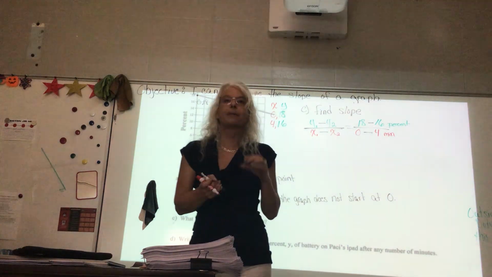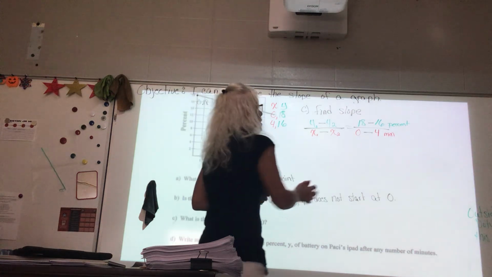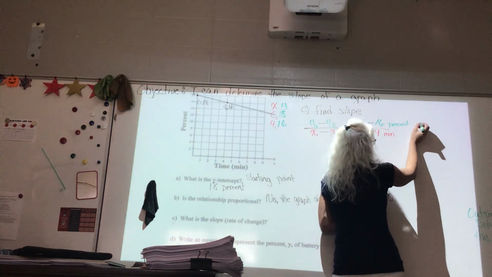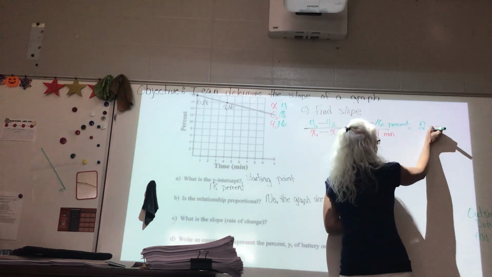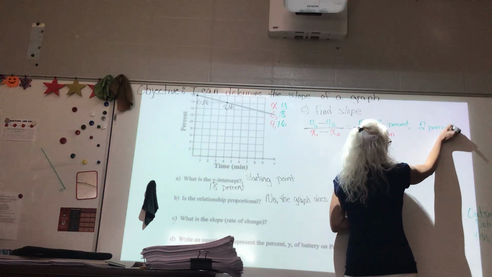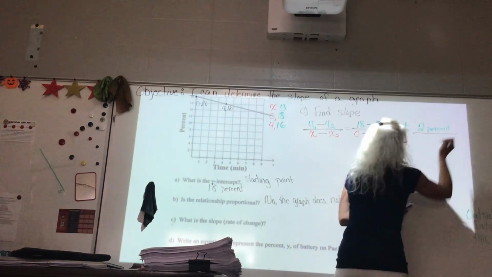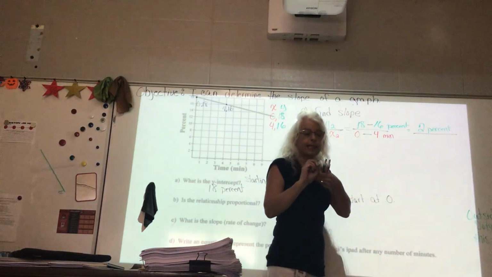Do you see how I'm getting the labels to go with the x and the y? Okay. 18 minus 16, our percent is 2. So that would be percent. Over 0 minus 4 minutes, negative 4 minutes.